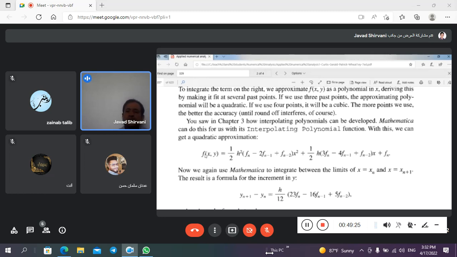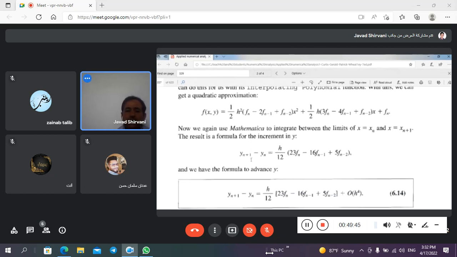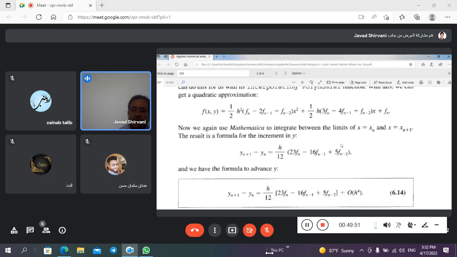Here it uses mathematical software to find these interpolations, but the formulation we use to approximate the value of f is here, and we get the same y integration: yn plus 1 minus yn equals h divided by 12 times 23 fn minus 16 fn minus 1 plus 5 fn minus 2.